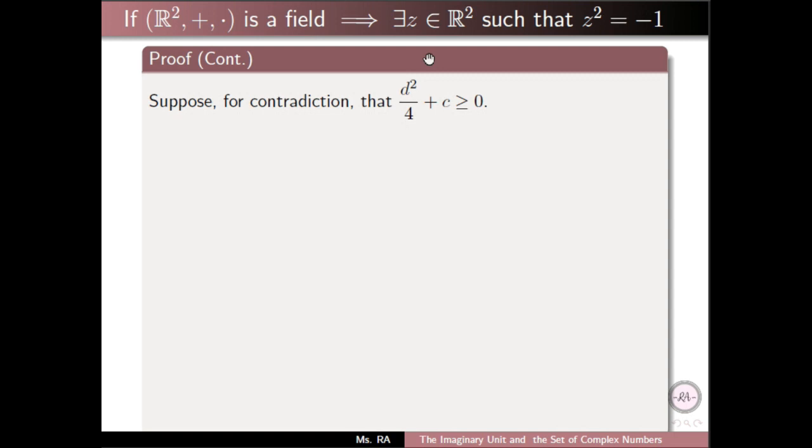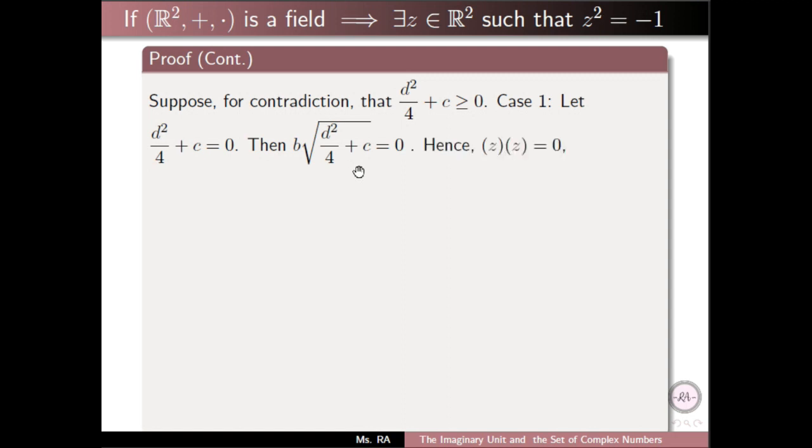We have to come up with a contradiction later on. Okay? Now, for the first case, let d squared over 4 plus c be equal to 0. Then, taking the square root of this expression, which is also 0, and multiplying it by b, which is non-zero, will give us a product of 0.